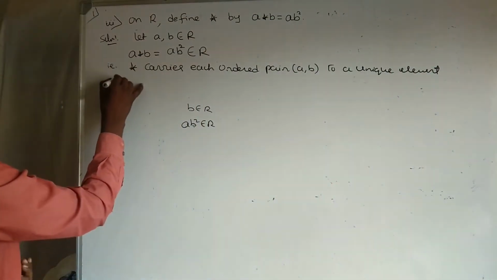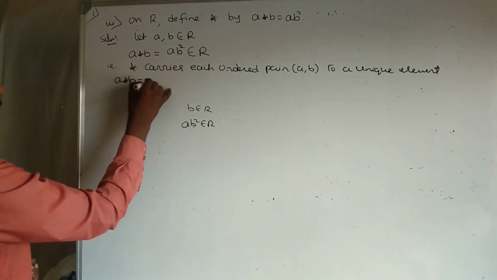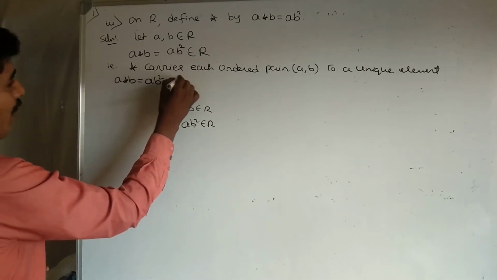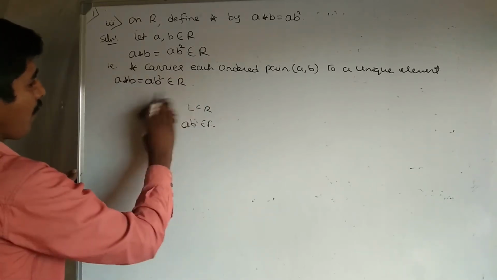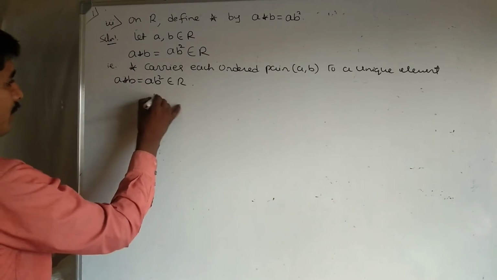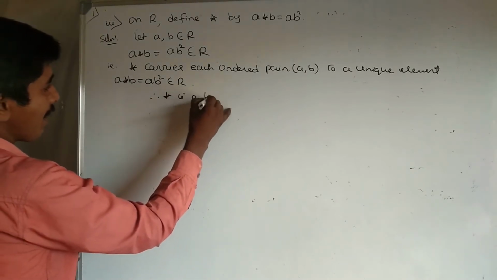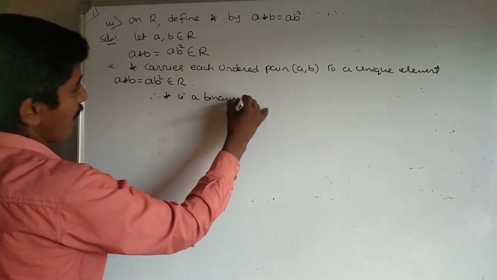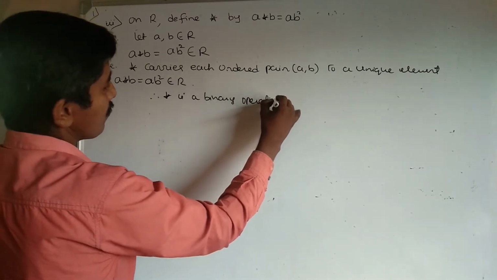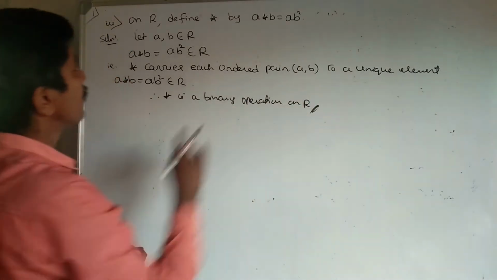This is right: a star b equal to ab square in R belongs to R. Therefore, star is a binary operation on R.